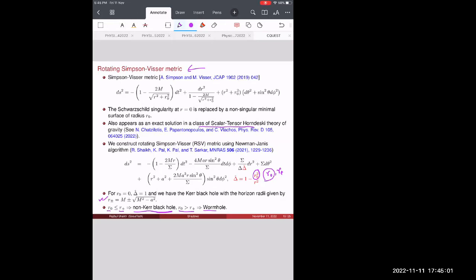But if the parameter is related to the source only, just like mass and spin, then constraining using Sagittarius A star and M87 can give different ranges or values for the two sources. Okay, I see. Thank you.